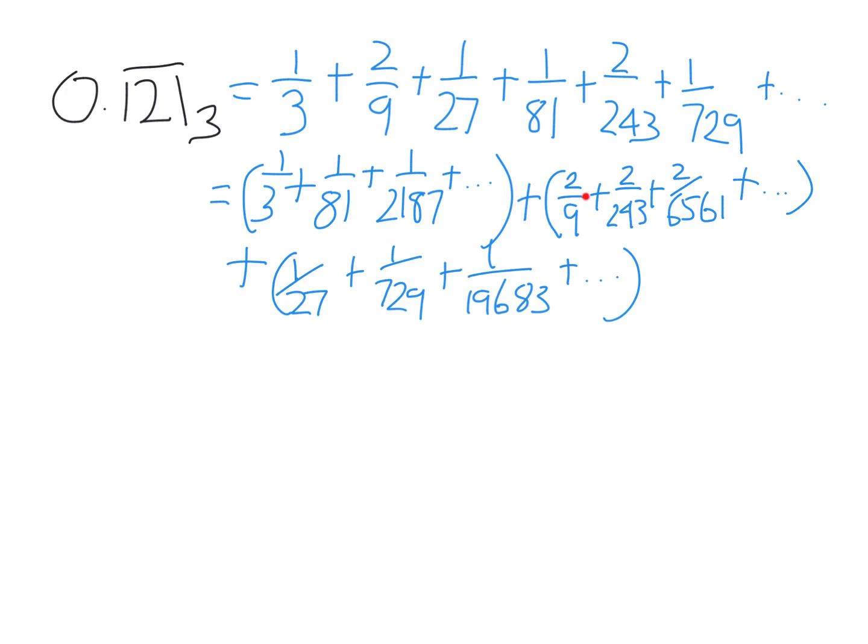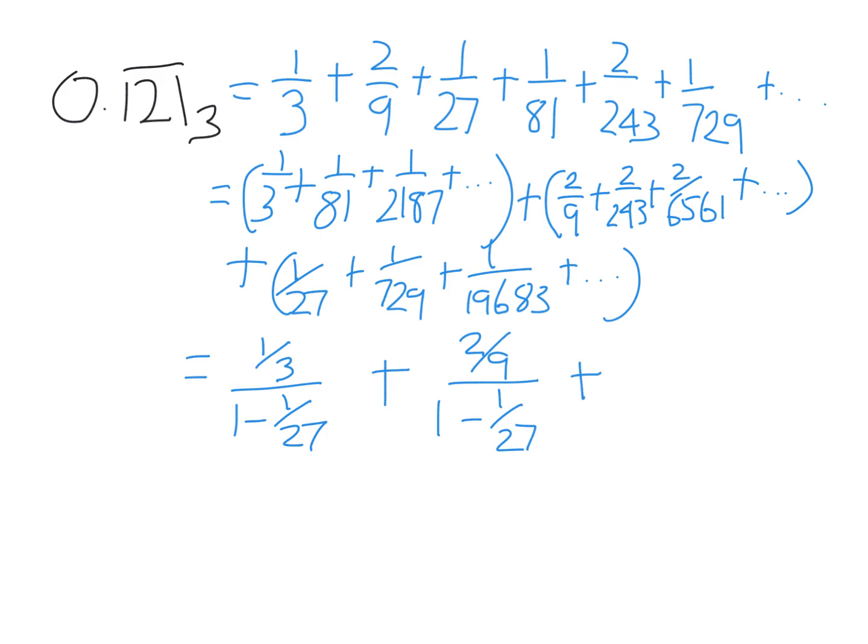Each of these is its own limiting geometric series. Let's look at the first one. The limiting sum is the first term over 1 minus the common ratio, which is 1 over 27. For the second one, the ones with all the 2s, it is the same ratio but a different starting value. And for the third one, it is again the same ratio but a different starting value.